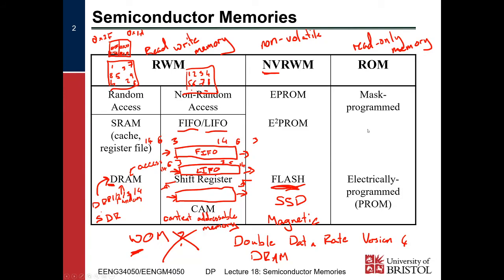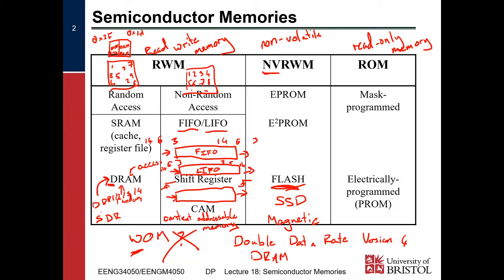Do we consider a parallel access shift register as a non-random access as well? So when you've got parallel access so that you can read out the entire data at once, if you add on a multiplexer and then have some select lines on the shift register so that you can read any one bit from the shift register that you want, then yes, it becomes random access.